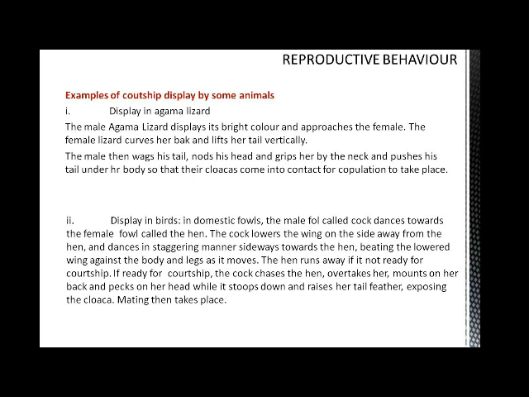So this is what happens in the case of lizard when the male, which is referred to as the agama lizard, is displaying itself.